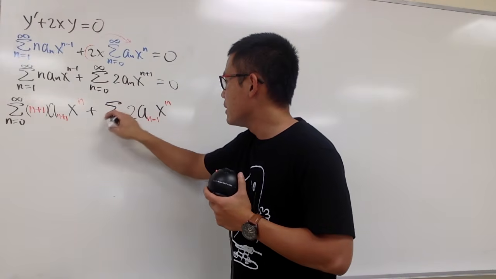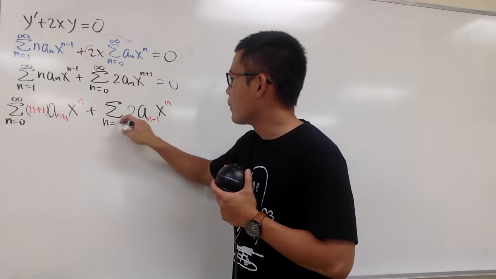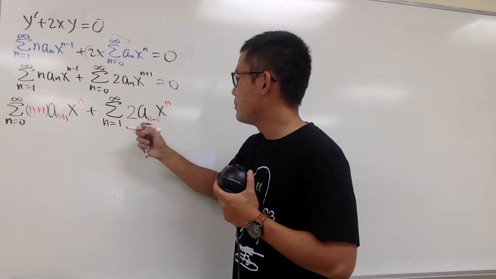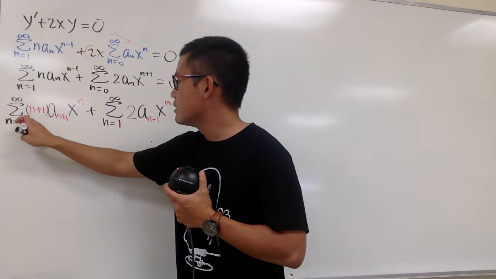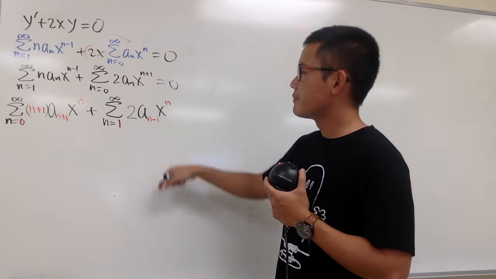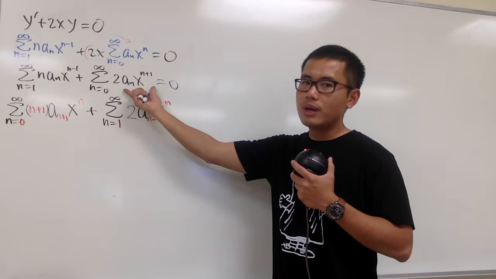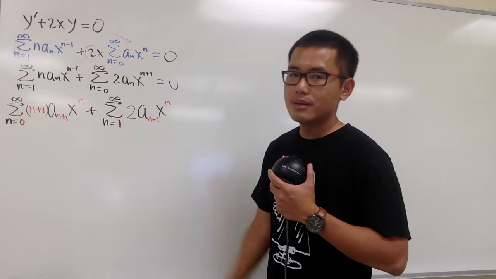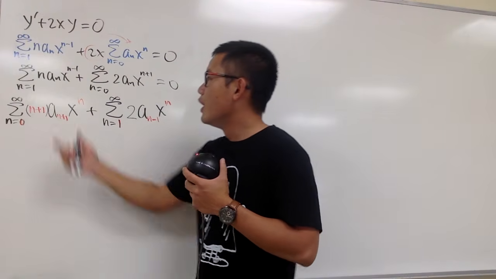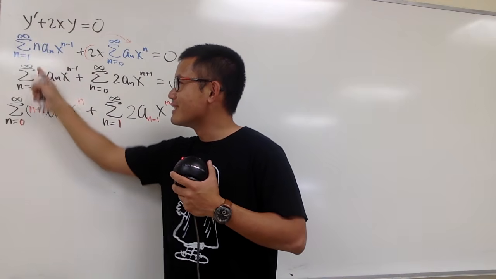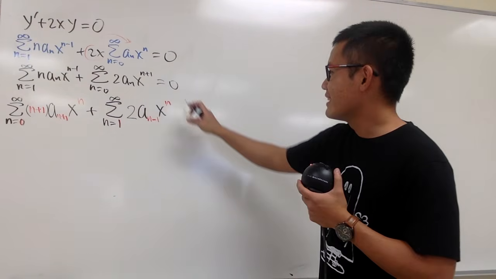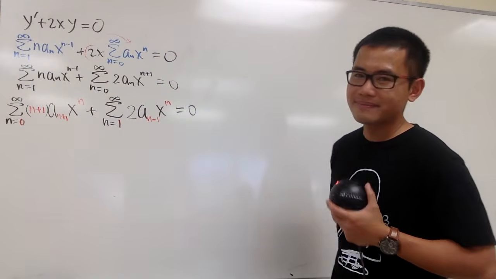So this is going to be the sum when n goes from 1 to infinity now. And maybe I should make this starting value stand out as well. This is 1, and this is equal to 0, just like that, right? When you subtract 1, you have to add 1, add 1. Infinity plus 1 is still infinity. When you add 1 right here, you have to subtract 1, subtract 1. All right, so that's the first fix.